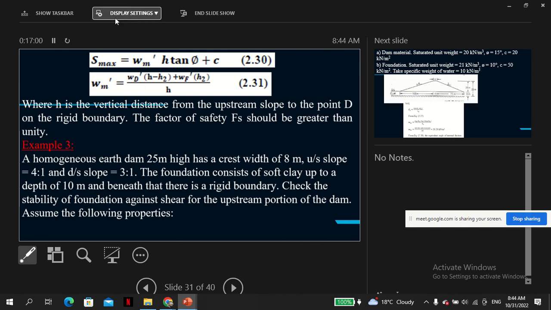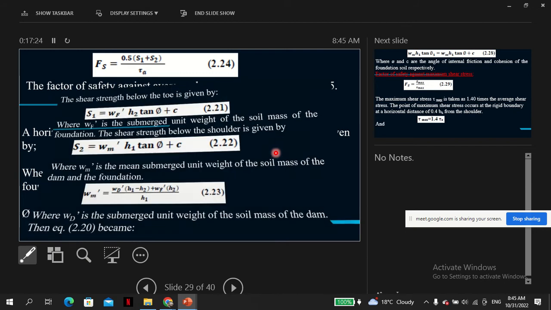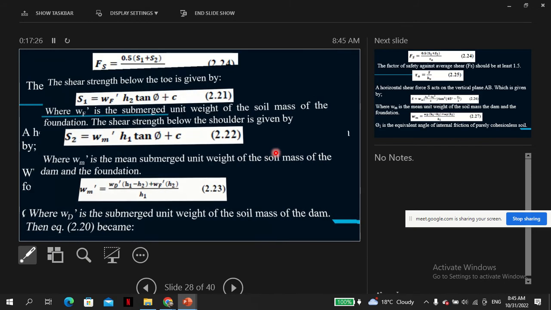So these are how to calculate X max, and this is how to calculate the Wm prime, and h is the vertical distance from the upstream slope to the point D on the rigid boundary. The factor of safety should be greater than unity, okay? And then of course the examples to demonstrate what's happening here.